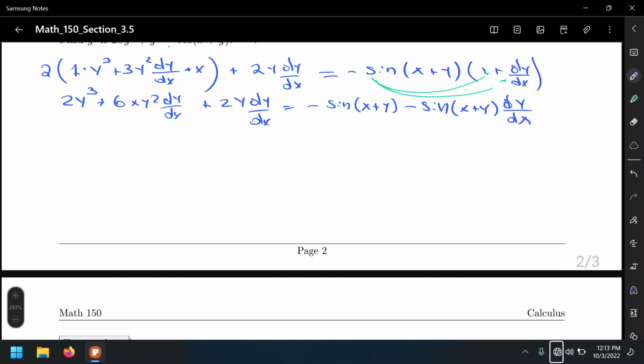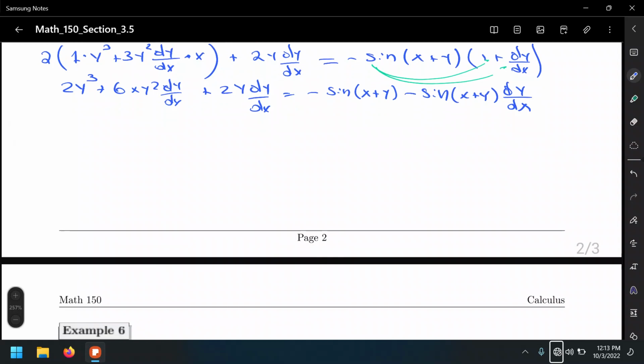And again, just like the previous example, let's have all the terms containing the dy dx on the left hand side, and all the terms that don't have a dy dx on the right hand side. I'm going to do both movements in one shot. So this 2y cubed, I'm going to move it to the right hand side with opposite sign, and this negative sine of x plus y dy dx, I'm going to move it to the left hand side with opposite sign, negative as a positive.